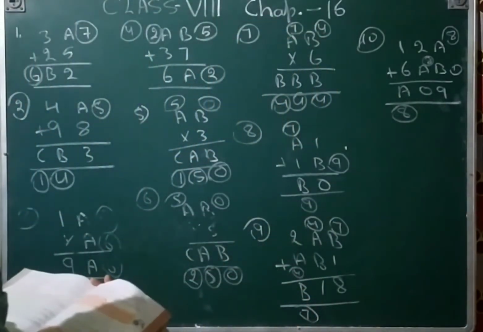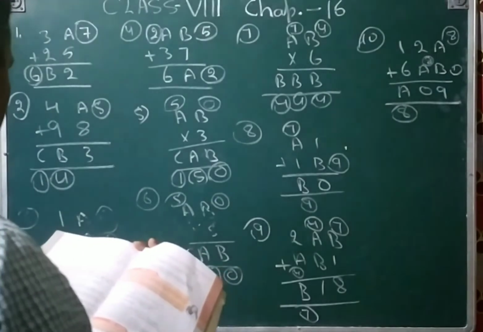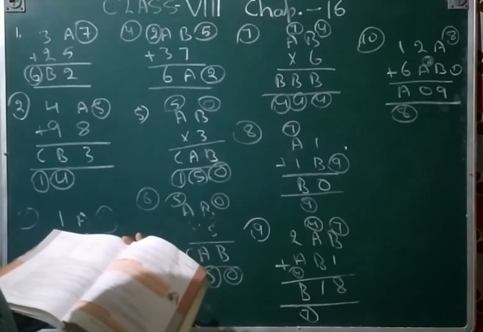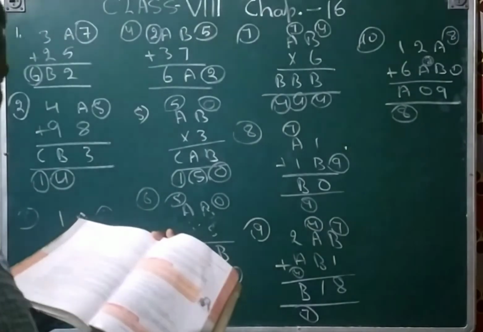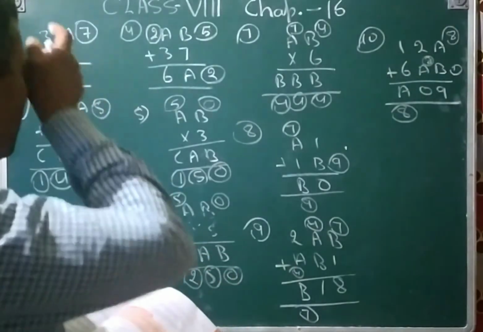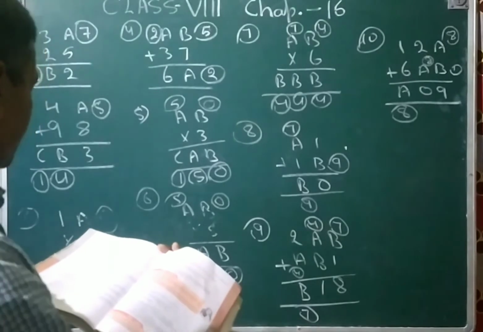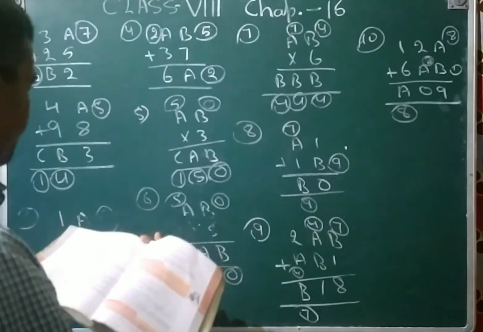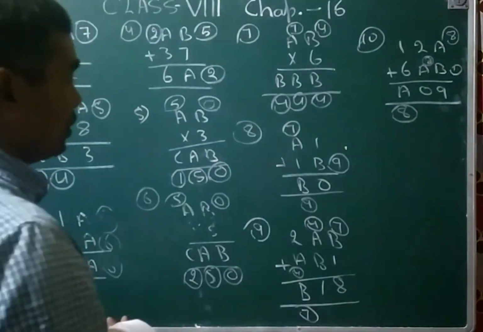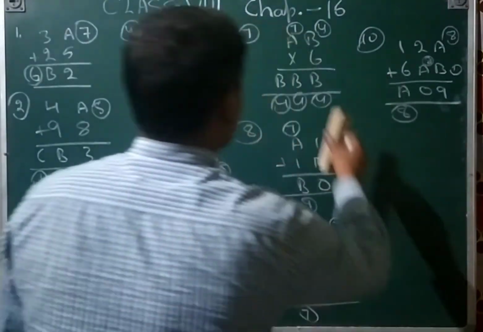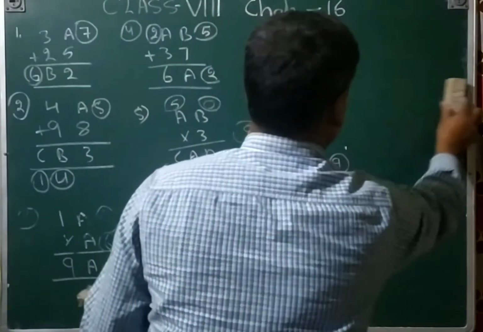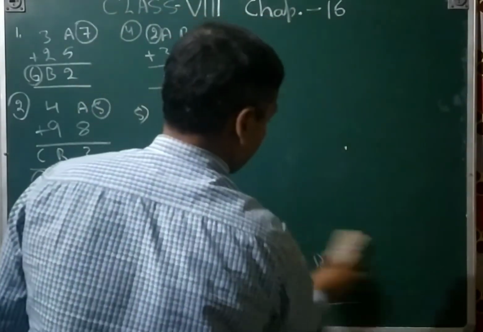Now you will learn tests of divisibility, first divisibility by 10. How do you define that a number is divisible by 10? If the last digit is 0, then we can observe directly that the number is divisible by 10.